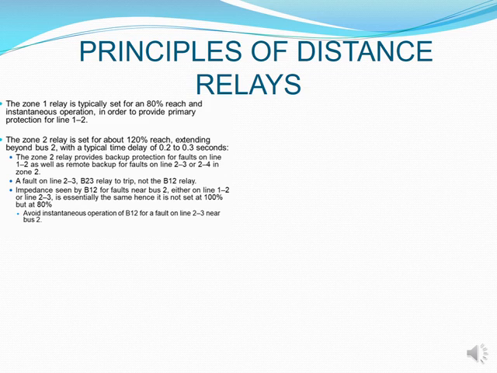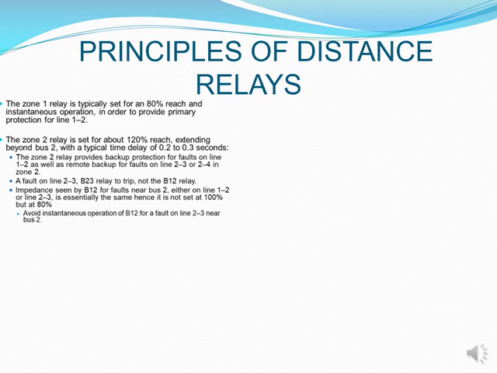Whereas if zone 2 had to do a backup for zone 1, then it would only be able to trip within 200 to 300 milliseconds. So if I repeat again, your zone 1 reach would be the 80% and it would be instantly. Your zone 2 is 120% and your typical time delay for it is 200 to 300 milliseconds.